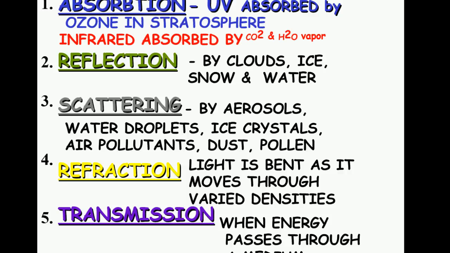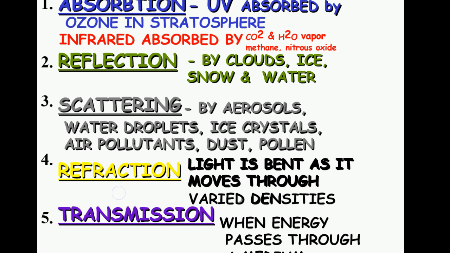The scattering of the energy by certain aerosols or water droplets, once it hits our atmosphere and it hits those droplets or crystals or dust or pollen, it can scatter the energy to go into different directions. We also have something called refraction, and that's when the light that comes in from space will get bent as it moves through the different densities within our atmosphere. Lastly, we have transmission, and that's when it's passed through a medium.